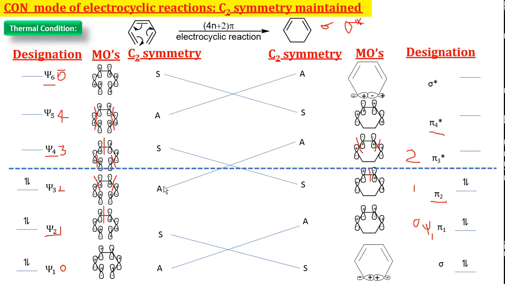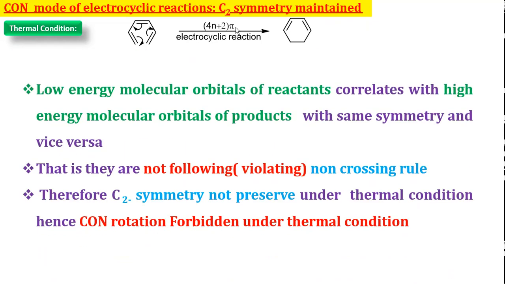Low energy molecular orbital is correlating with high energy molecular orbital from reactant to product, and high energy molecular orbital is correlating with low energy molecular orbital from reactant to product. That means this is violating the non-crossing rule. So therefore conrotatory mode of rotation is forbidden under thermal condition. For which reaction? 4n plus 2 pi electrocyclizations. They are not preserving the C2 symmetry.